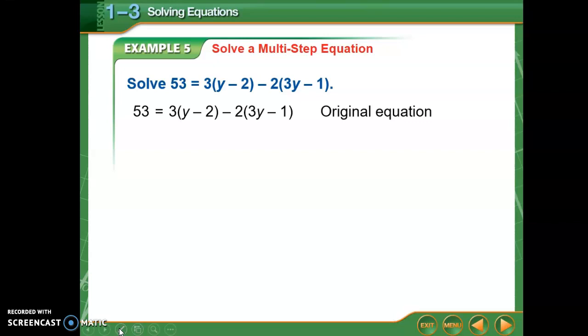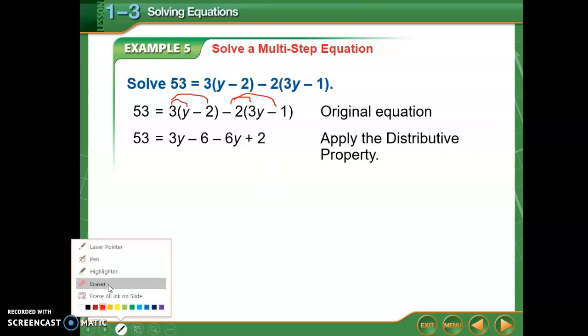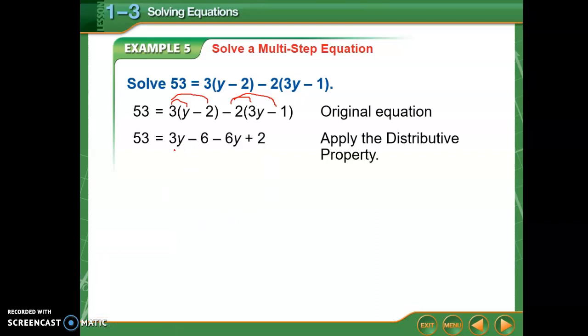So distribute 3 to each one, distribute -2 to each one, and then find the product. Alright, so we have 3y minus 6 minus 6y plus 2.